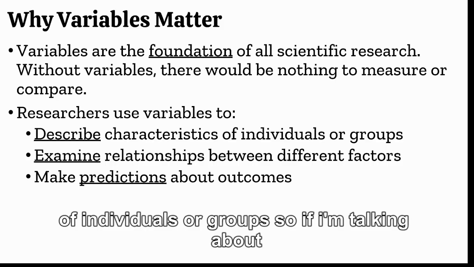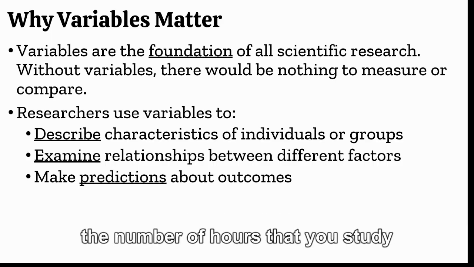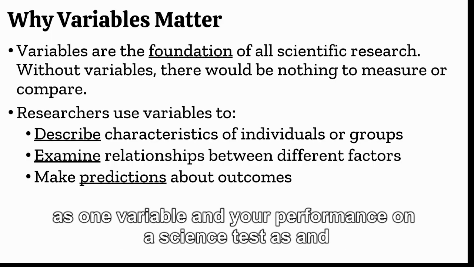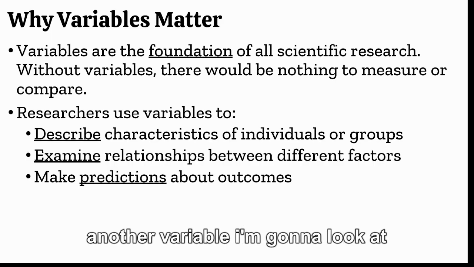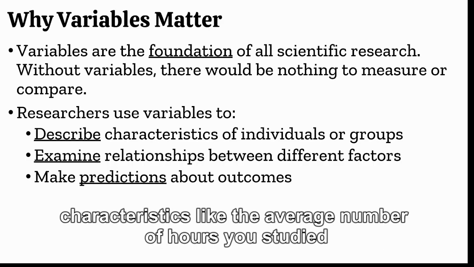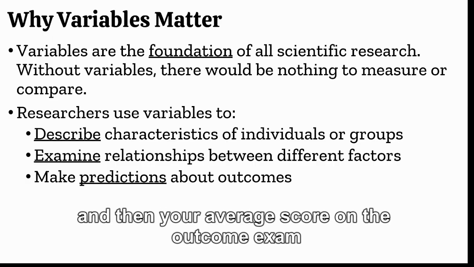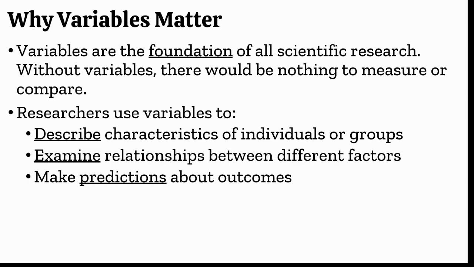So if I'm talking about the number of hours that you study as one variable and your performance on a science test as another variable, I'm going to look at characteristics like the average number of hours you studied and then your average score on the outcome exam.